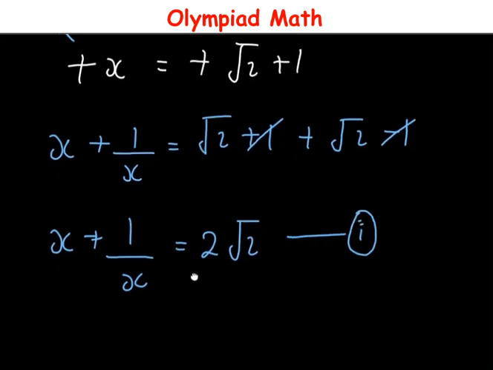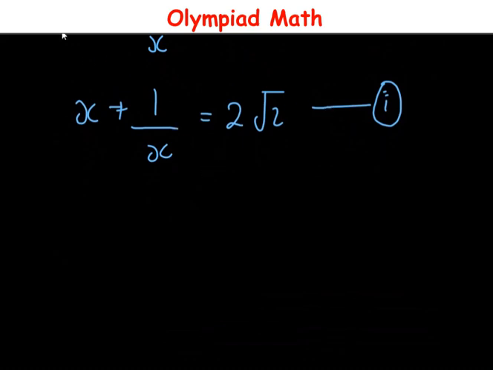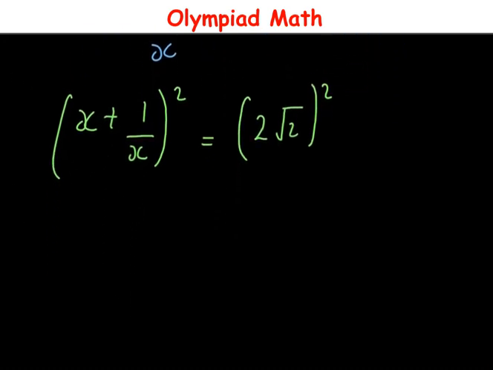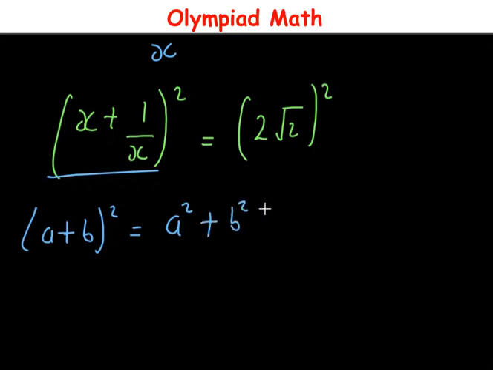So from equation 1, we are then going to square this equation. We have in brackets x plus 1 over x all squared equals in brackets 2 root 2 all squared. Once we square this, following the identity that if you have a plus b all raised to power 2, this equals a squared plus b squared plus 2ab.